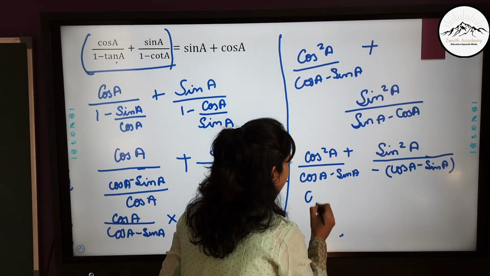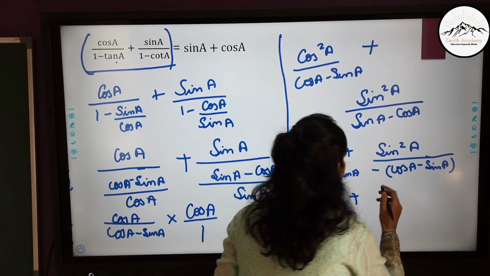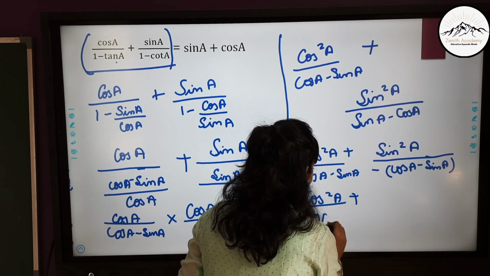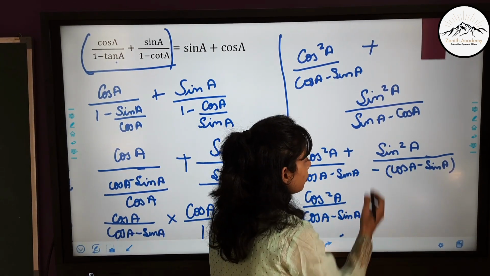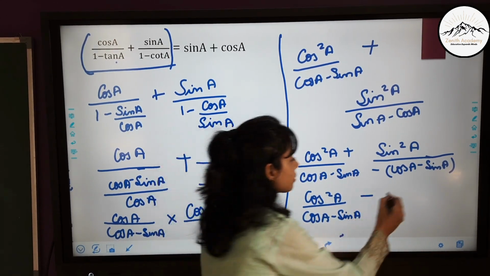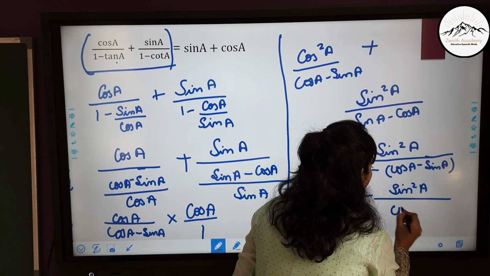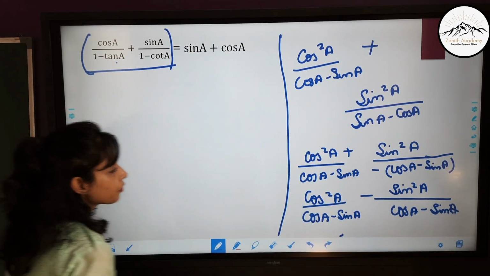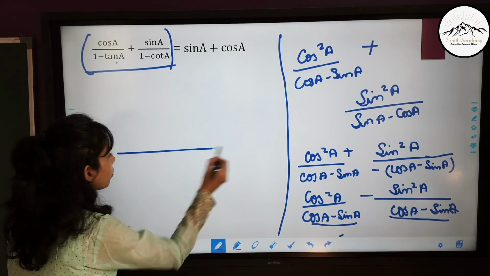So for cos square A, I will write cos square A upon cos A minus sin A, and since this minus is here, minus plus is minus, so it will become minus sin square A upon cos A minus sin A. Now we have a common denominator, so the LCM is easy.